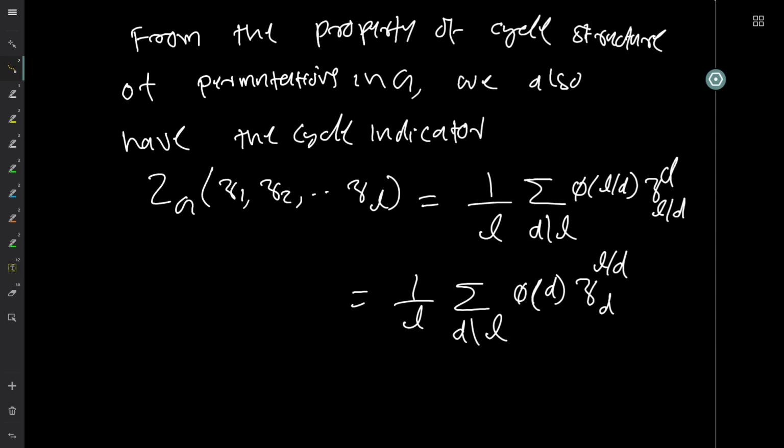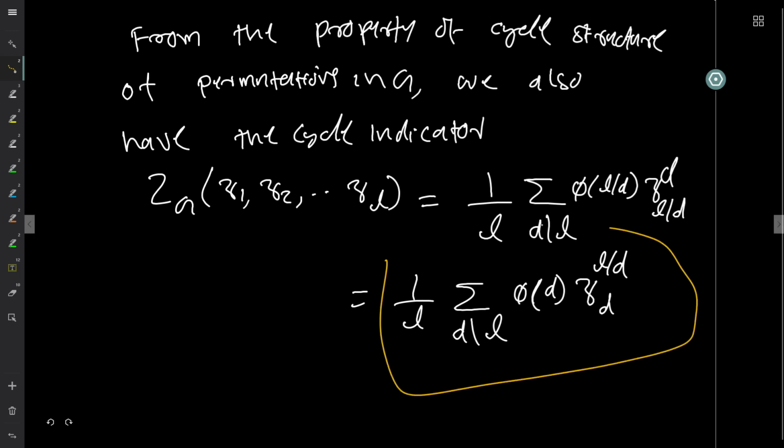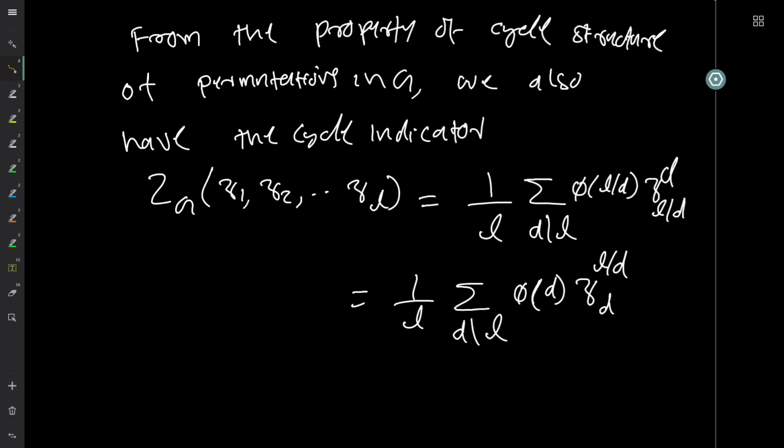But I can also write it as 1 by L, summation over D dividing L, phi of D, Z_D raised to L by D, because I'm just exchanging D and L by D. If D is a divisor, L by D is also a divisor, so I can write it in either of these forms.